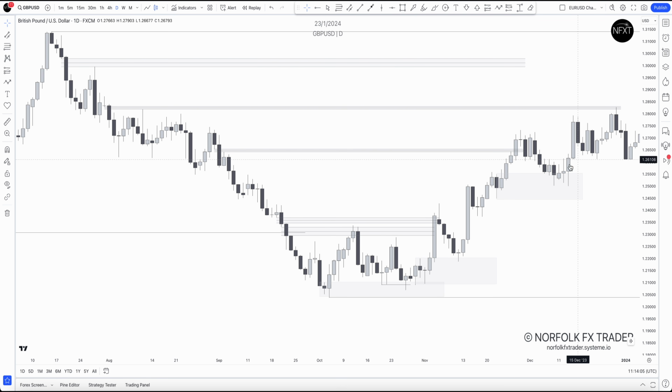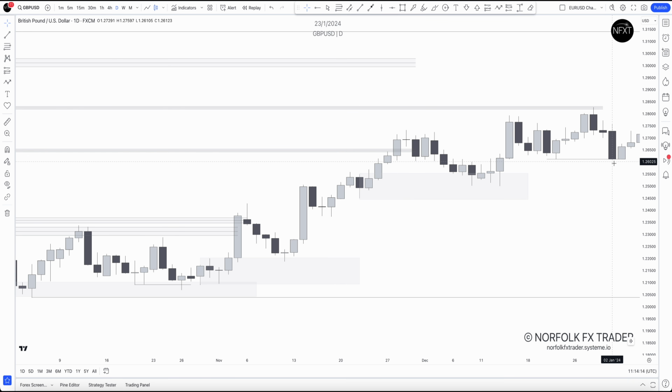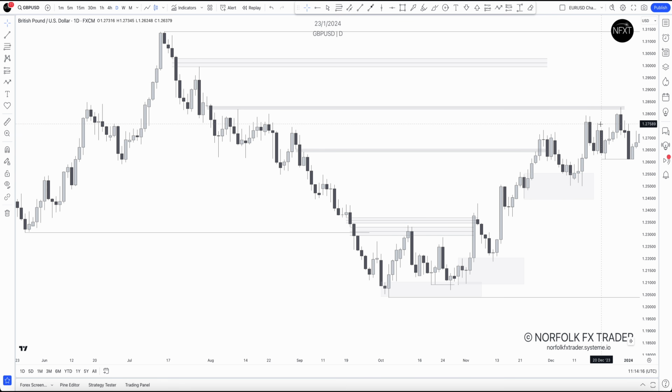We rejected it, and the market in fact has pulled back to this low. And I do believe we just closed through by a pip or so. So at this point, potentially the market could well be coming back to an area where we could see this swing reverse back to tag out this weak low. And that's essentially how you look for those imbalance zones for that market direction.